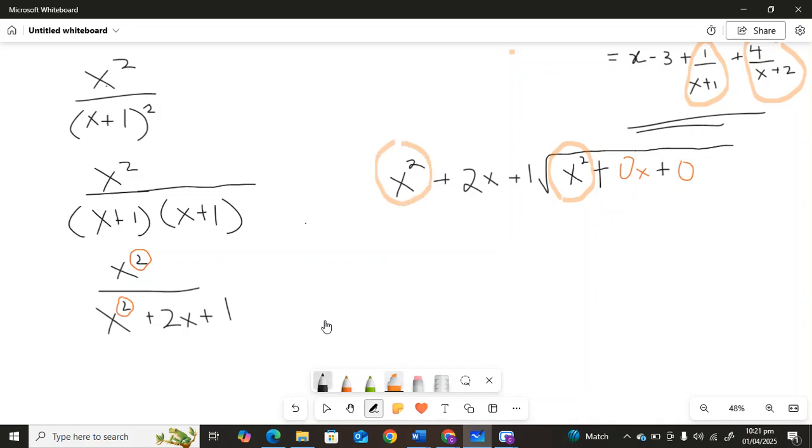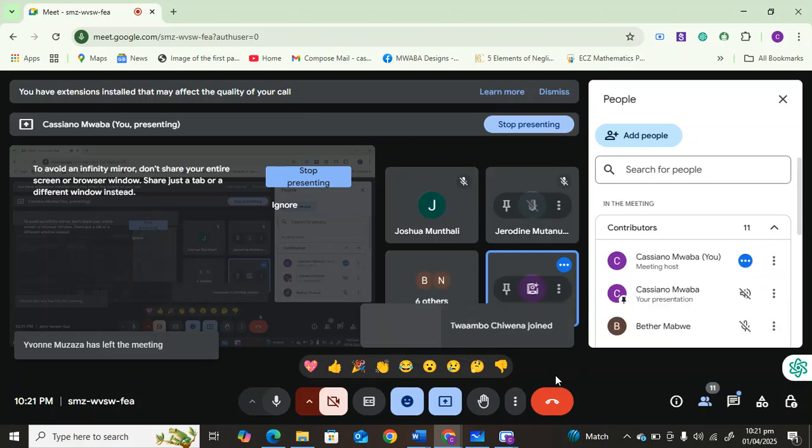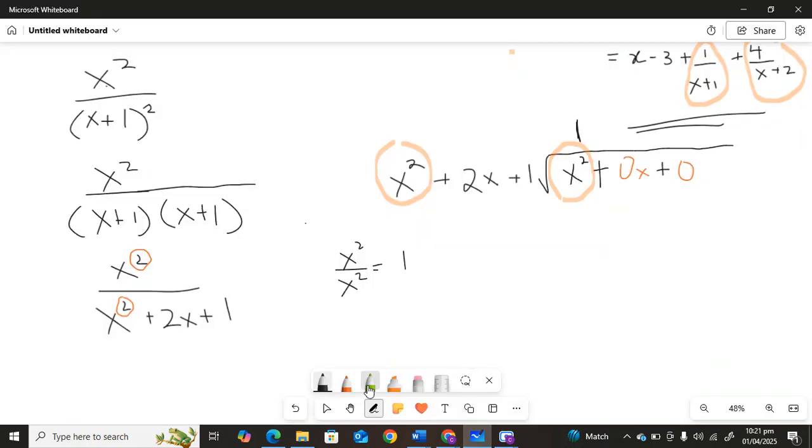So x squared divided by x squared, we put 1. So after dividing, we multiply. 1 times x squared, 1x squared.